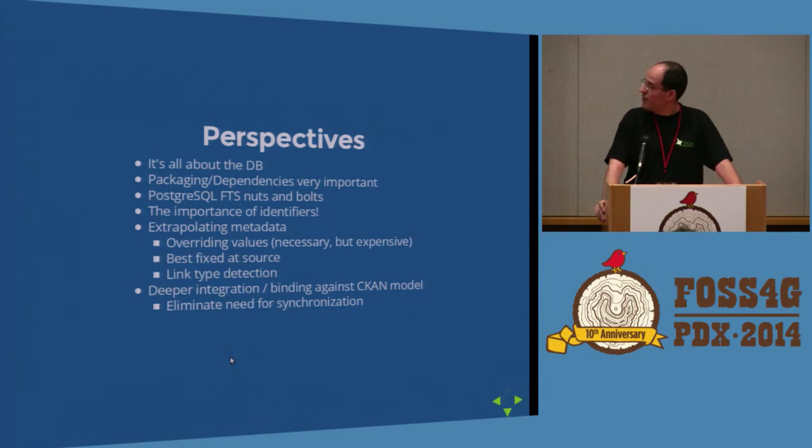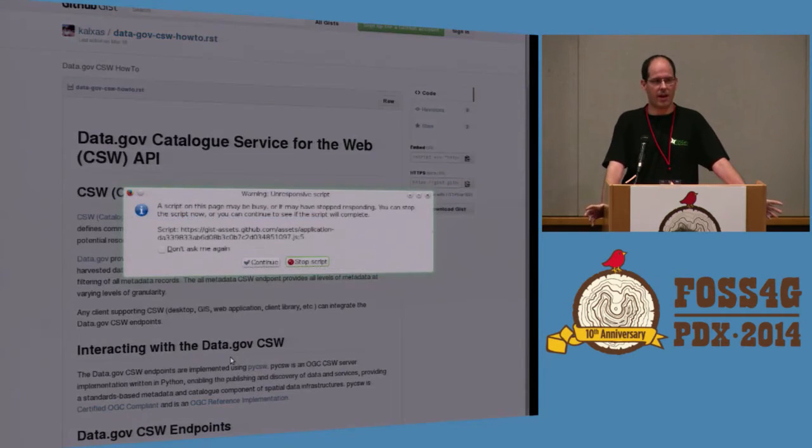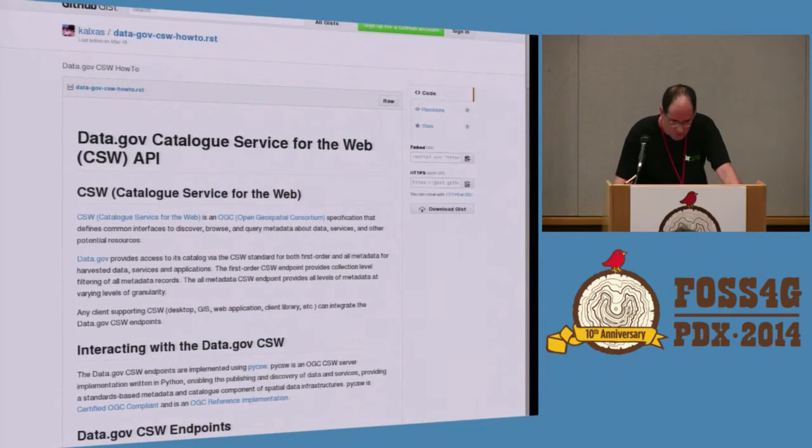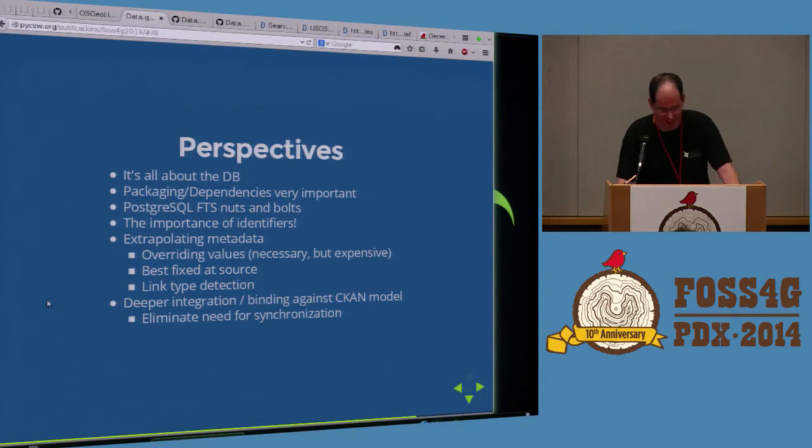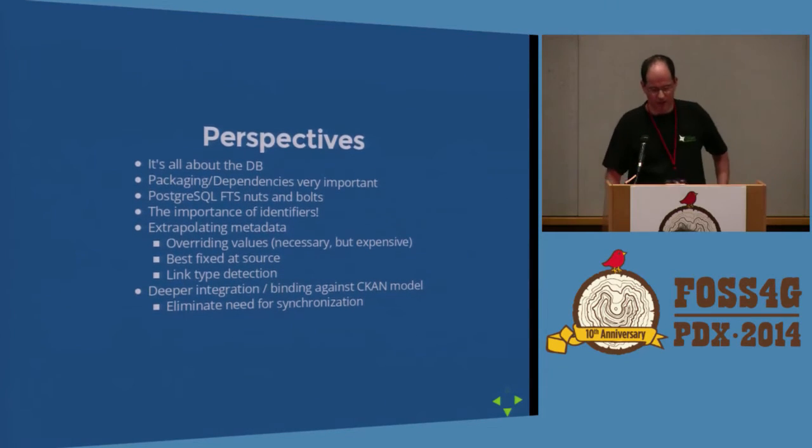Another thing that we learned was that identifiers are very important. What I mean by that, the original XML records from all the sources that we harvest have some identifiers in order to index the data.